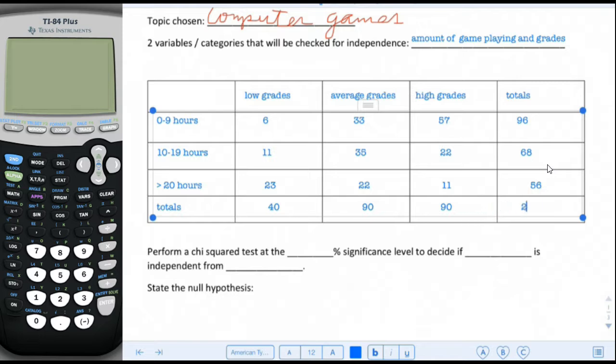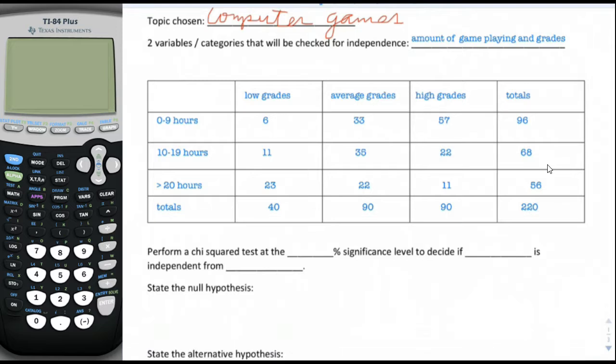Okay, so I just invented data here, which made sense to me. Basically, I put more people here, right in the middle: average grades, average number of hours. I put a peak. I also put a peak at high grades and low amount of hours.